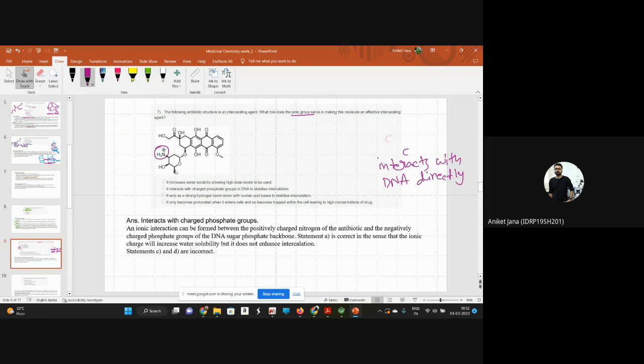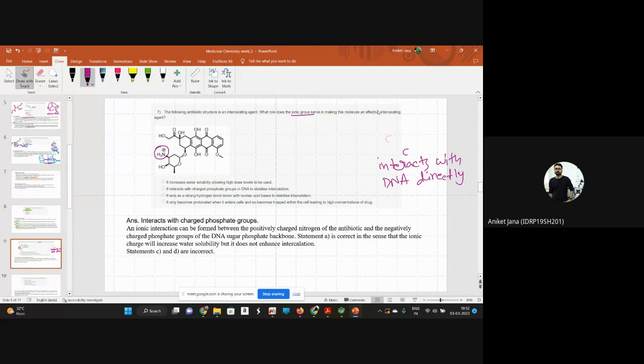Okay, the first one is: it increases water solubility, allowing high dose levels to be used. So is this true or false?